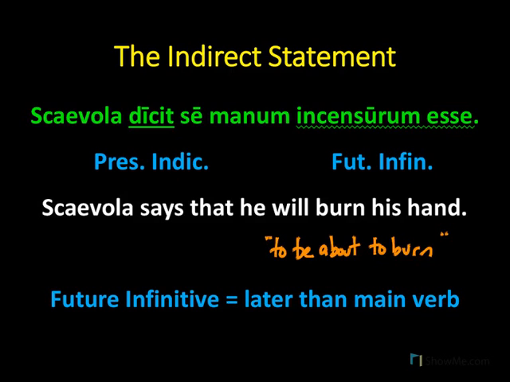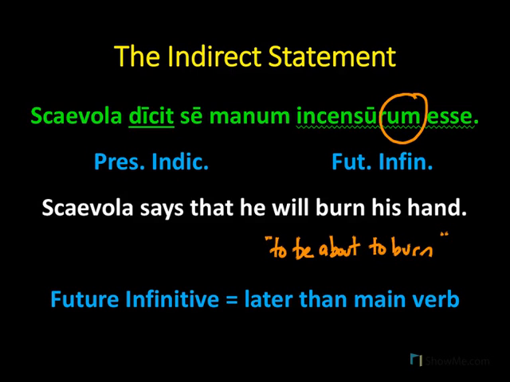Now, notice also that incensurum is a masculine accusative singular. Incensurum is just a participle from the verb incendo. And so, as a participle, and like an adjective, it can have all three of the following: case, number, and gender.